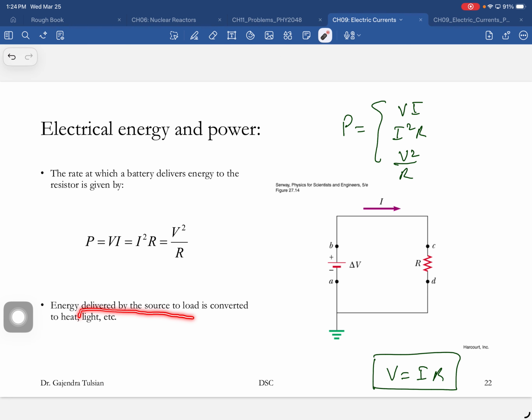Energy delivered by the source to the load is converted to heat, light, motion, or whatever. So when you buy a Tesla or whatever, do you guys know how you're buying it?